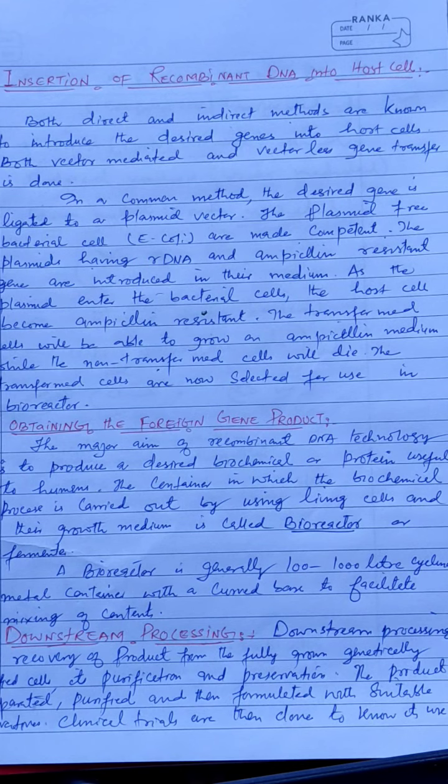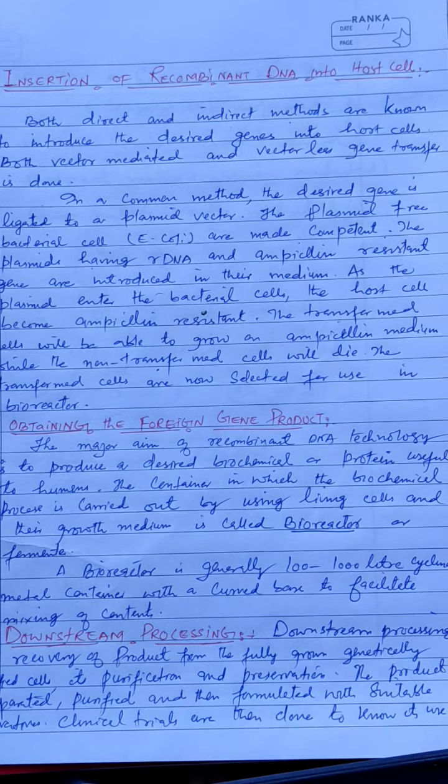What is a bioreactor? It's a container in which the biochemical process is carried out by using living cells and their growth medium, called a bioreactor or fermenter. Generally, a bioreactor is a 100 to 1000 liter cylindrical metal container with a curved base to facilitate mixing of contents.